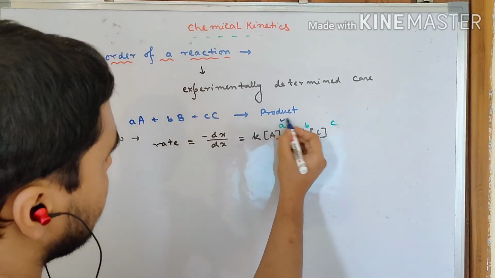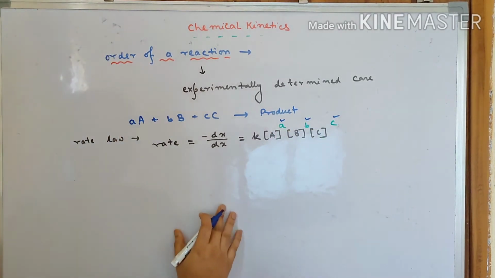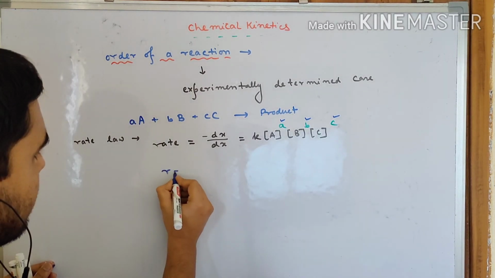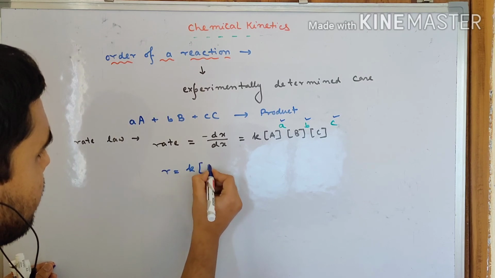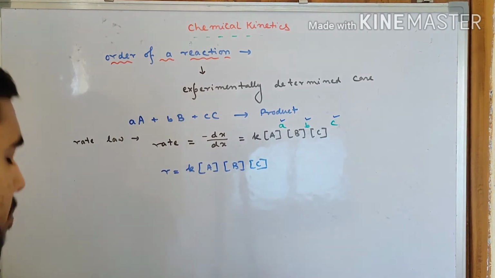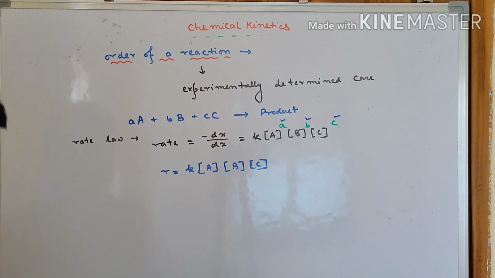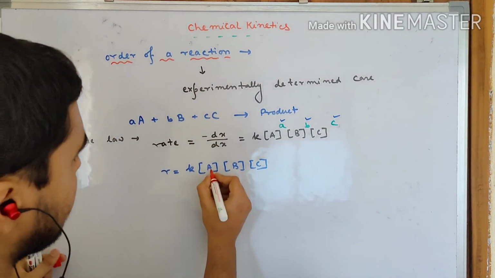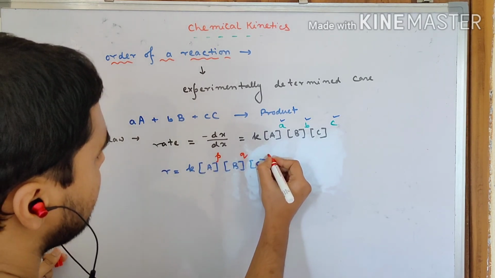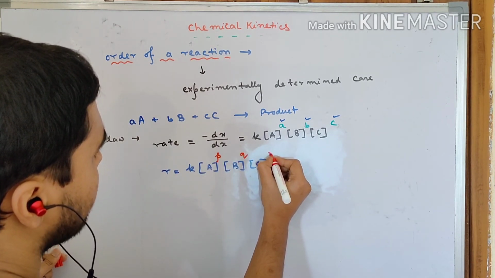Now, this one, that A, B and C, actually isn't correct. In order to get the correct term, we are supposed to write rate is equal to k into A, B, C. They will be in multiplied form, true, but very carefully you see, the power of A will be p, for B it is q, and for C it is r.